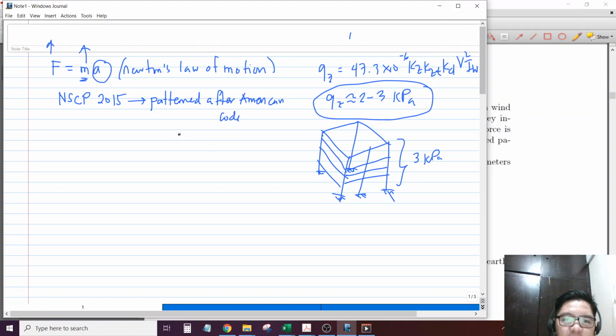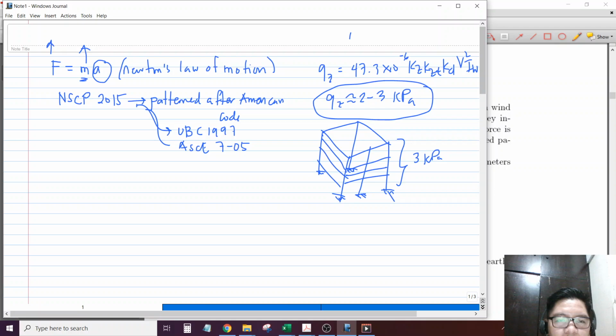So, ano yung American code na counterpart niyan? UBC 1997. Ano pa ba? ASCE 7-05. Okay? You have to remember na we are an American colony. So, therefore, we adopted yung code nila.